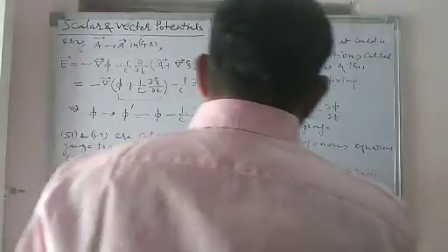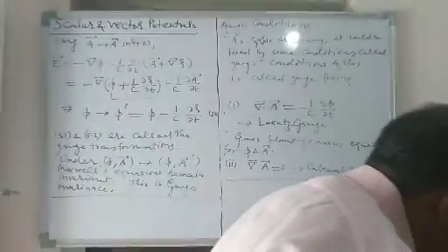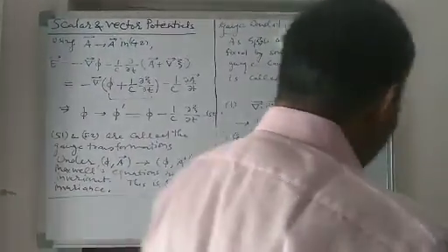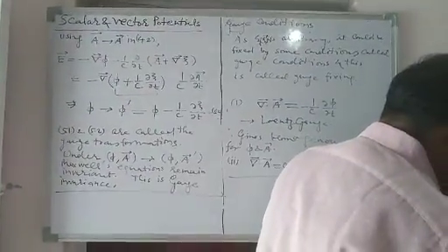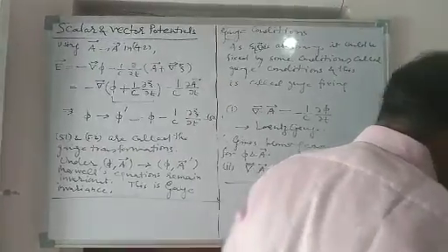Okay, so let us see how the equations of motion for phi and A look in the two respective gauges, which are known as the Lorentz as well as the Coulomb gauge.